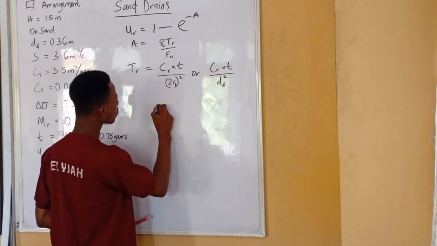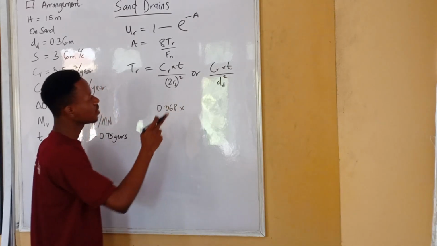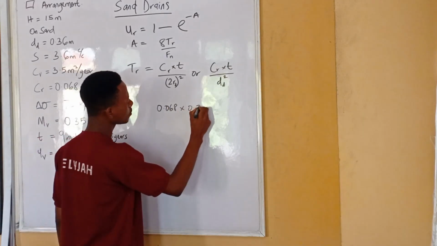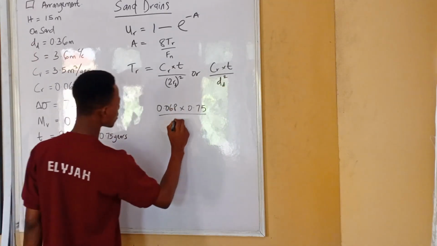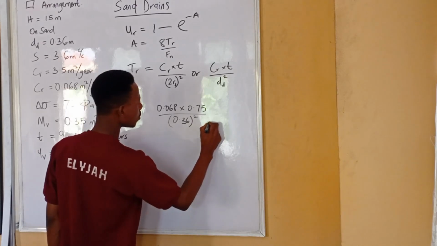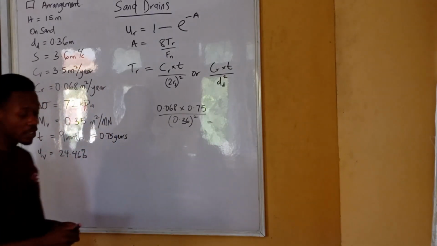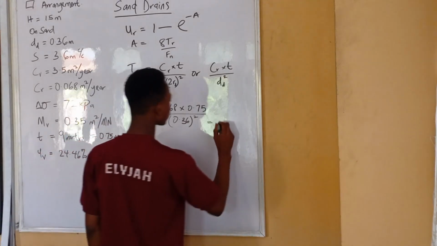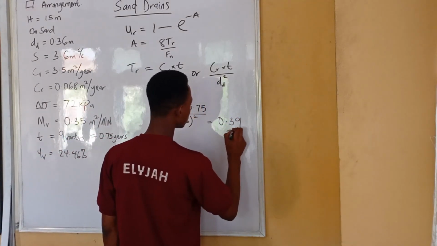Our CR is 0.068 multiplied by our T, which is 0.75, then our G squared, that's 0.36 squared. So what does this give us? 0.39.